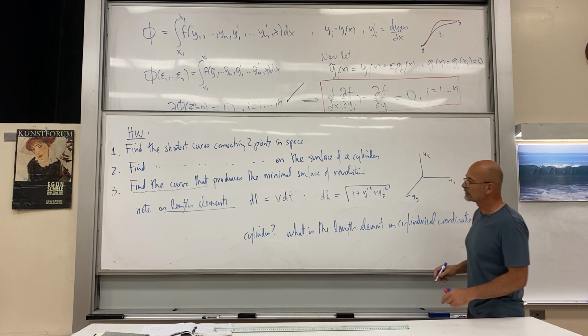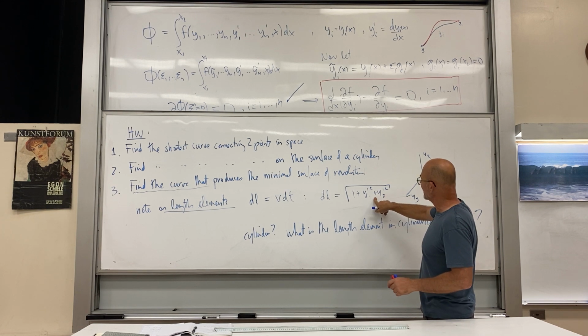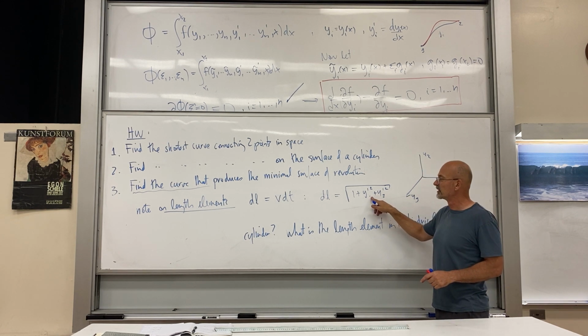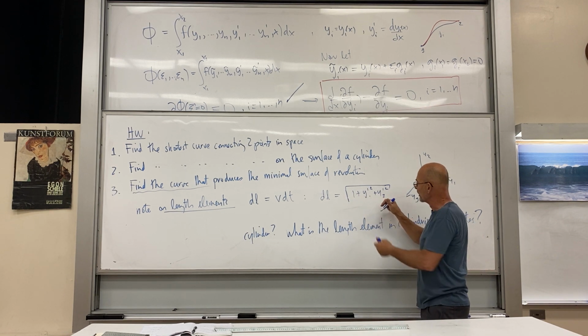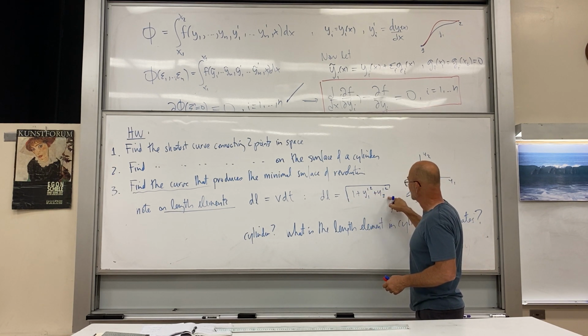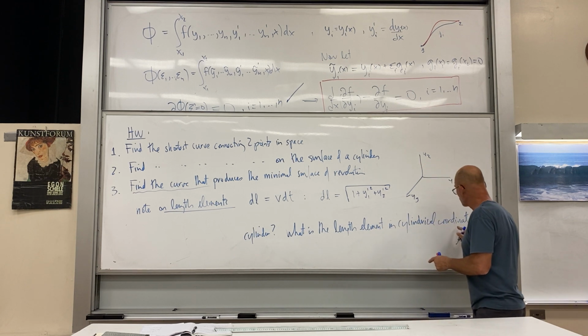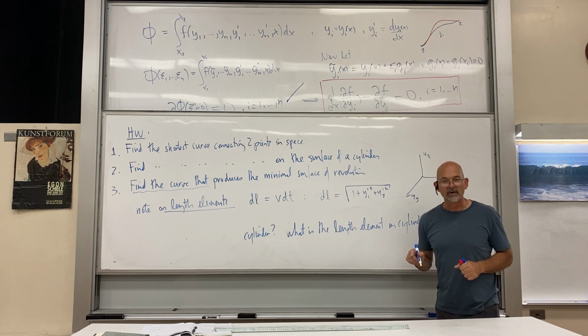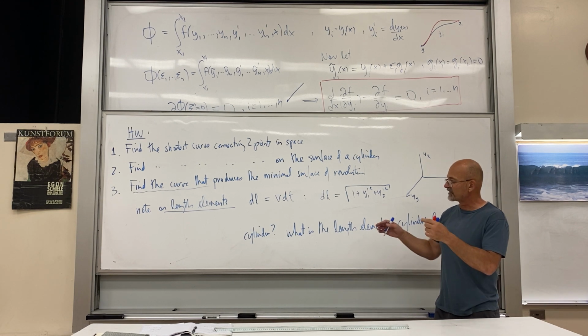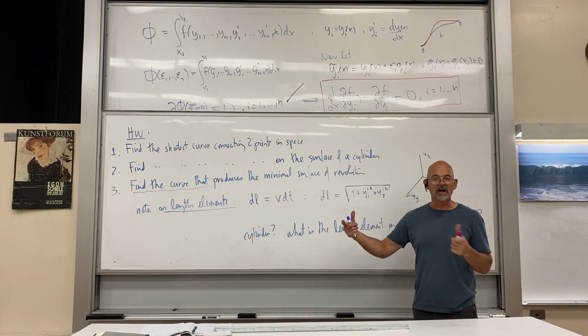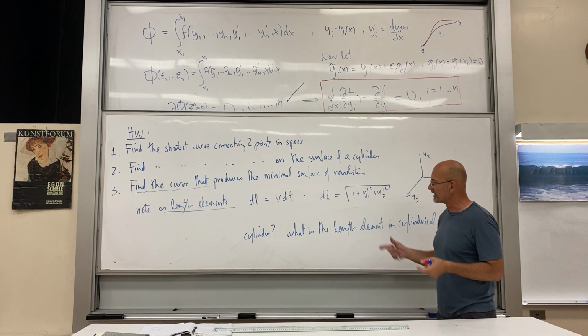So for these problems, this is one version of a length element in Cartesian coordinates, because we've just added one to the one we already had, 1 plus y1 squared. And in cylindrical coordinates, I'm going to let you figure that one out. You look up cylindrical coordinates, how do you get a length element? Basically, you've got cylindrical coordinates and the radius is constant. The rho is constant.